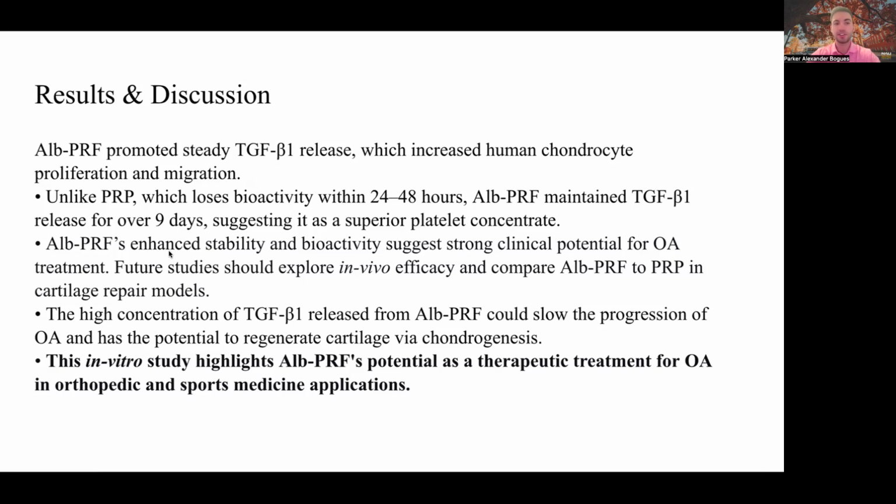Albumin platelet-rich fibrin's enhanced stability and bioactivity suggest it to have strong clinical potential as a treatment for osteoarthritis. Future studies should explore in vivo efficacy and compare Alb-PRF to PRP in cartilage repair models.